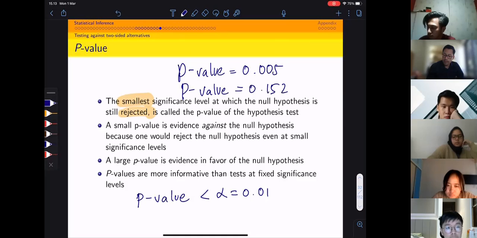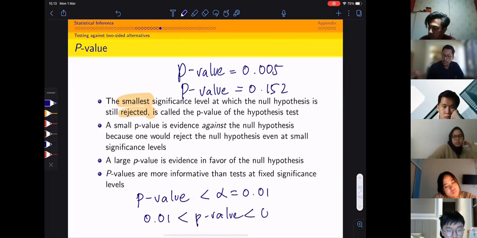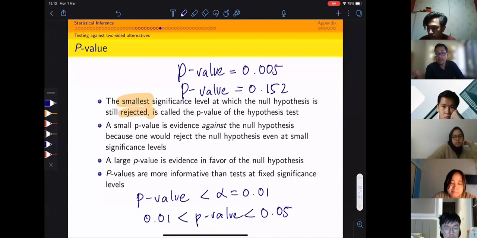However, if your p-value is between 0.01 and, say, 0.05, it means that you reject the null hypothesis at the 5% level, but you cannot reject the null hypothesis at the 1% level.